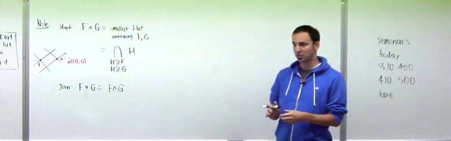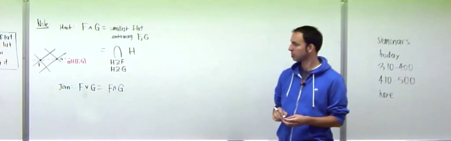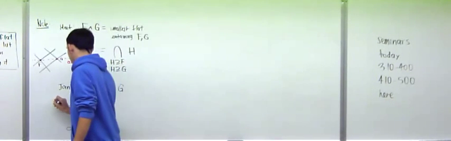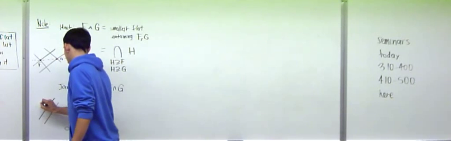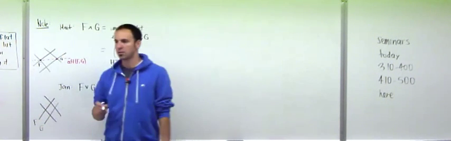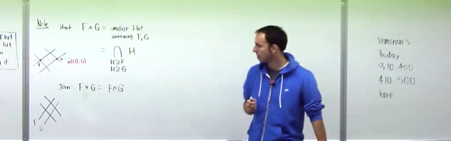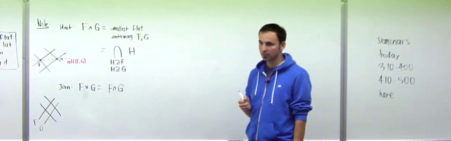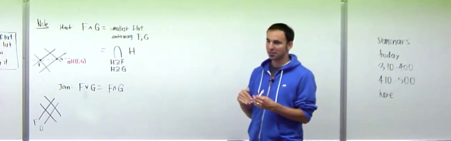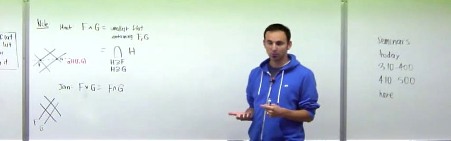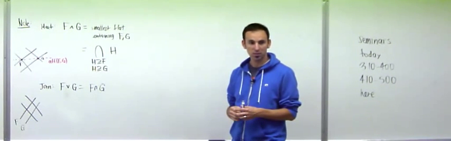The intersection is always non-empty. Okay? But what if I have something like this? What if this is f and this is g? Then how are you going to define their join? It would have to be a flat that is contained in f and that is contained in g. But actually there is no flat that is contained in f and is contained in g.